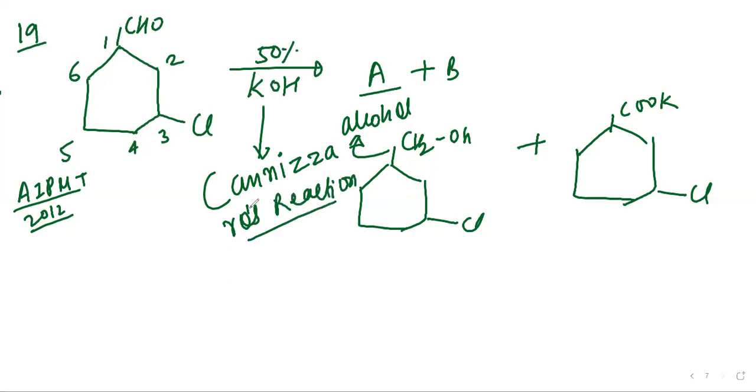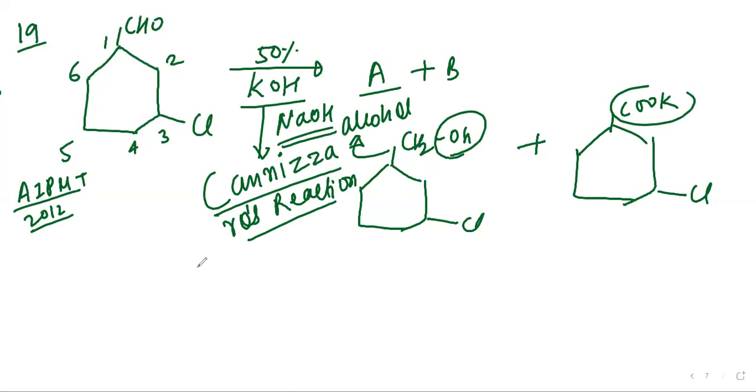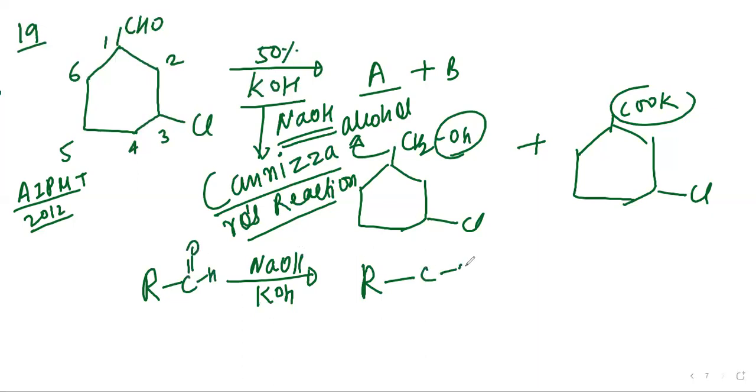So a simple way to remember it: when an aldehyde reacts with any base like KOH or NaOH, right, one will be converted into alcohol and the other into carboxylic acid salt. So write here the general formula RCHO. When a base like NaOH or KOH is there, one will form like R, this is your aldehyde, C double bond O H. So one will be converted into alcohol and one will be converted into a carboxylate group, or instead of K it may be Na.